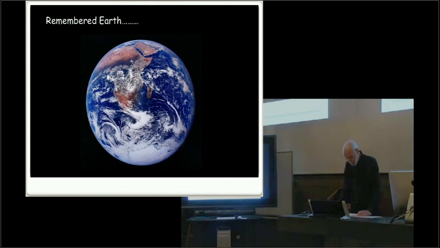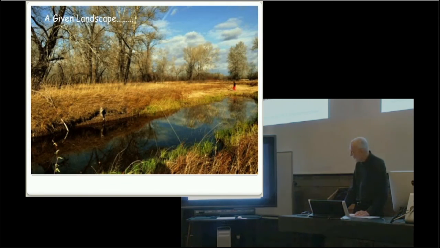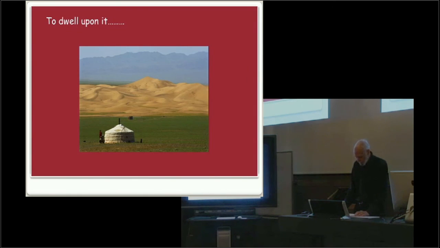Once in his life, man ought to concentrate his mind upon the remembered earth, I believe. He ought to give himself up to a particular landscape in his experience, to look at it from as many angles as he can, to wonder about it, to dwell upon it.